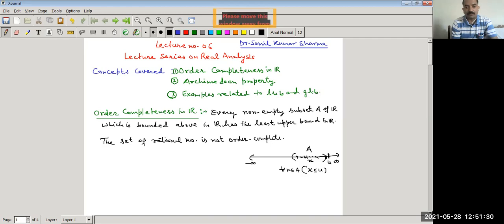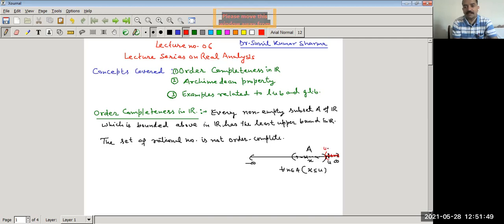So A, which is bounded above in R, has the least upper bound. If it has an upper bound, then it has a least upper bound. So we have to construct the set of all upper bounds. This is the set of all upper bounds. Out of these, we have to find the least one.